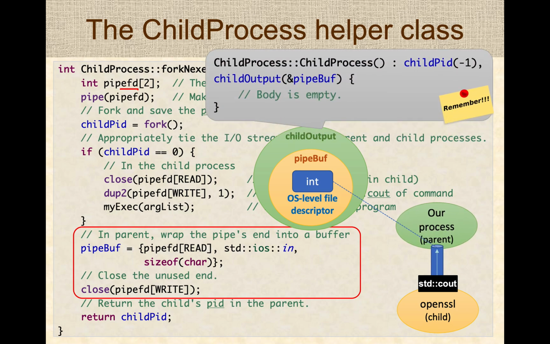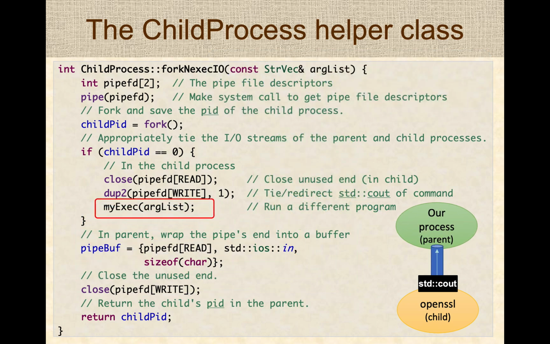And remember, we also set up the connection between the child output and the pipe buffer in the constructor so that we wire all of these correctly. And this line of code establishes the connection between the file descriptor and the pipe buffer to read data from it one character at a time. This is to ease reading data that is coming from the child process through the pipe to the parent process.